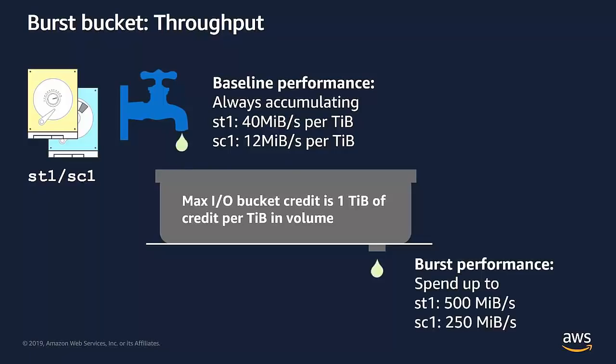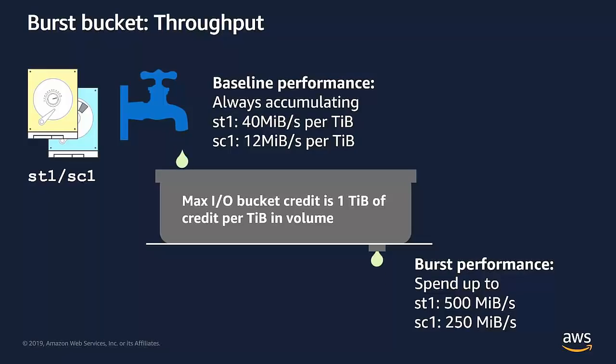ST1 volumes can burst at 250 megabytes per second per terabyte with a max burst throughput of 500 megabytes per second. SC1 volumes can burst at 80 megabytes per second per terabyte with a max throughput of 250 megabytes per second. Larger volumes have higher baseline and burst throughput.